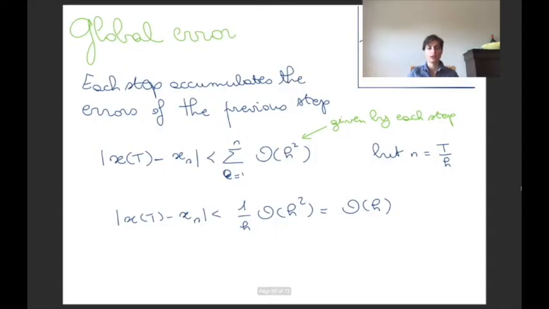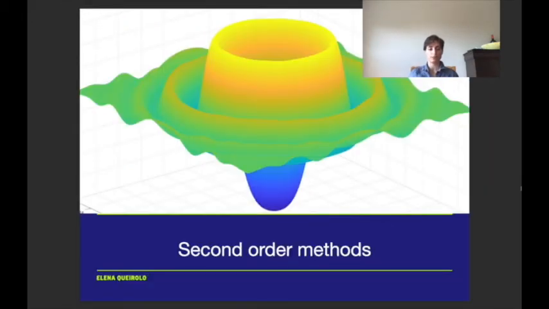Sorry. This means we call methods in which the error at time t is of order h to the power 1 first order methods. First order methods really refer to the fact that the error grows or decreases as the step size. Let's go into second order methods.